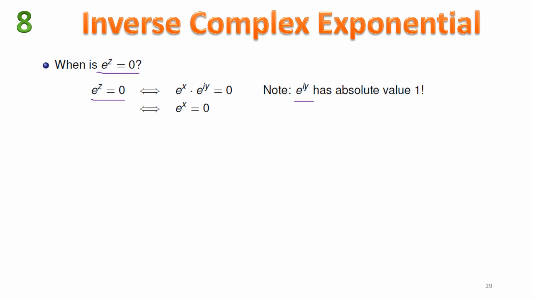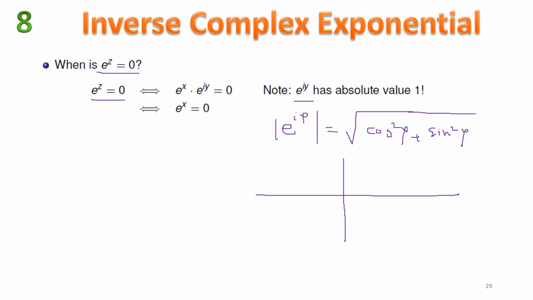This can never be 0, because the absolute value of e to the iy will be under root of cos square y plus sine square y. So this will be unity always. This will never be 0. If you go diagram wise, we have seen that it has some value which is on this circle of radius 1. So this will never be 0.